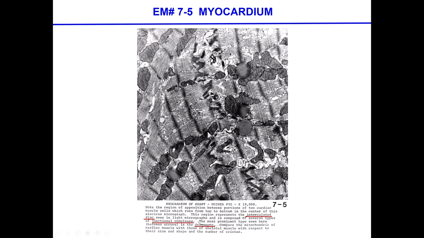The staining allows for every place where there is a desmosome to have these dense structures, and those tend to happen in the vertical portions of the intercalated disc. And this is an example of what you see in this section, the myocardium of, in this case, particularly of a guinea pig. Questions?